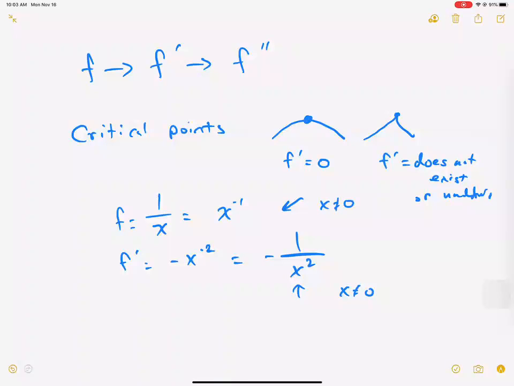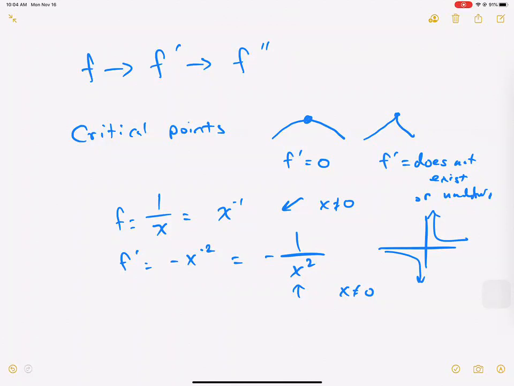So it doesn't negate the fact that we still have a problem. Does it mean we have a max or min there? No, it just means be aware we have a problem there.